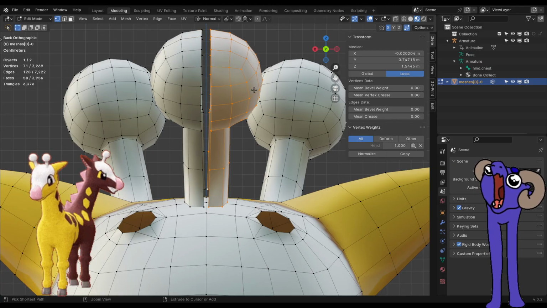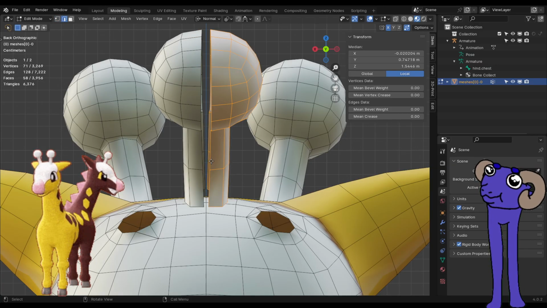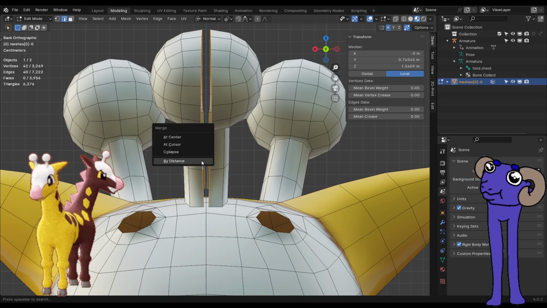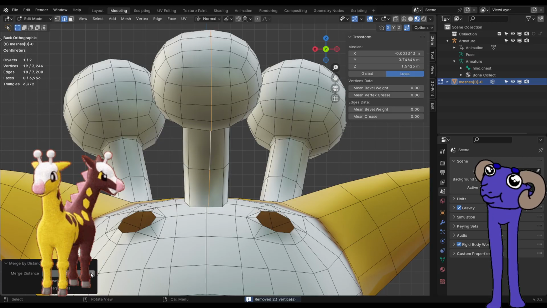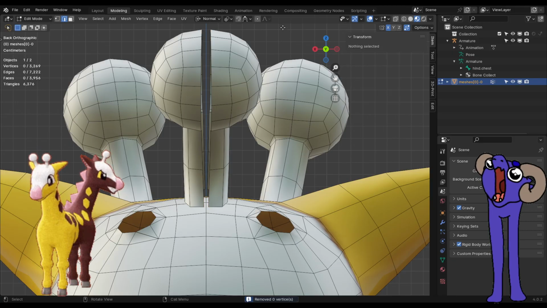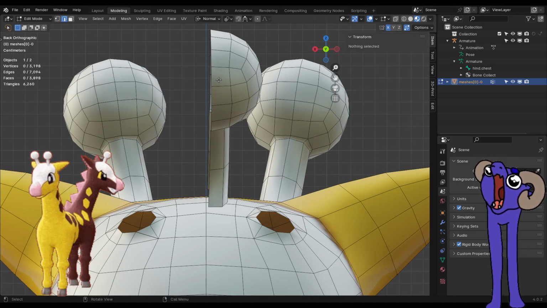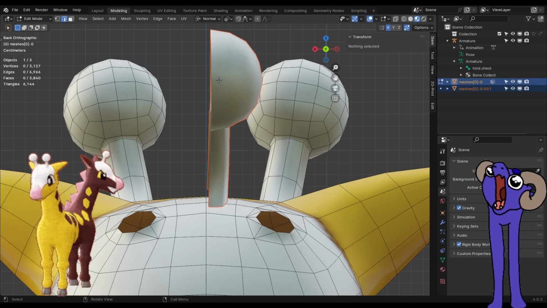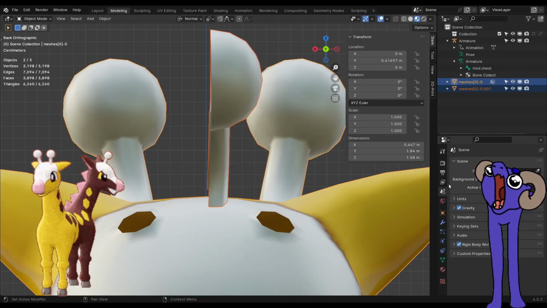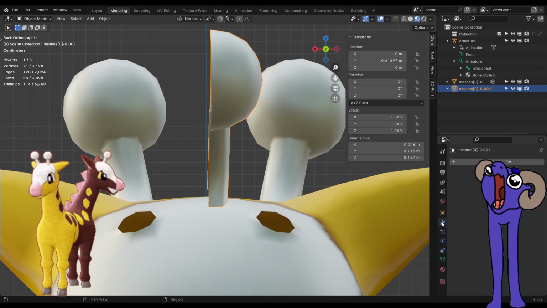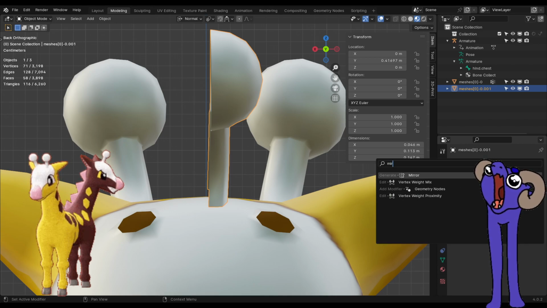It's also not centered though. You know what? Deleting you, separating you by selection, and then we're going to go to here and grab a mirror.